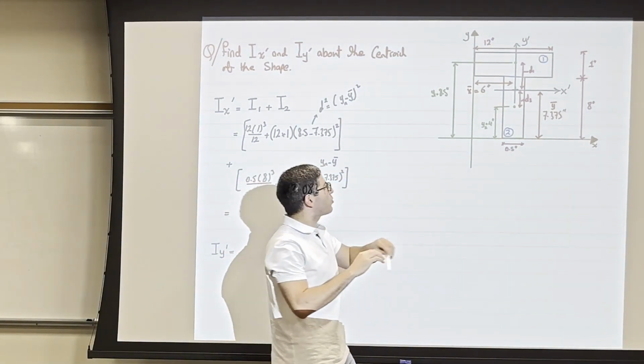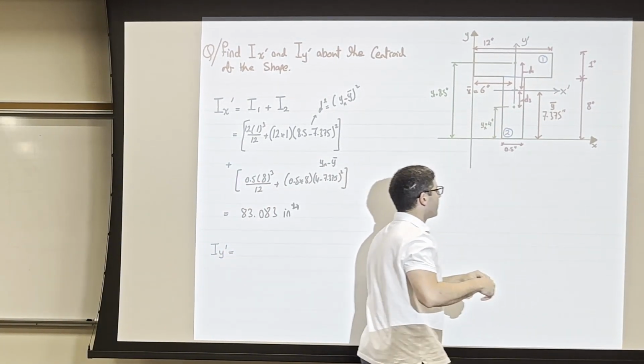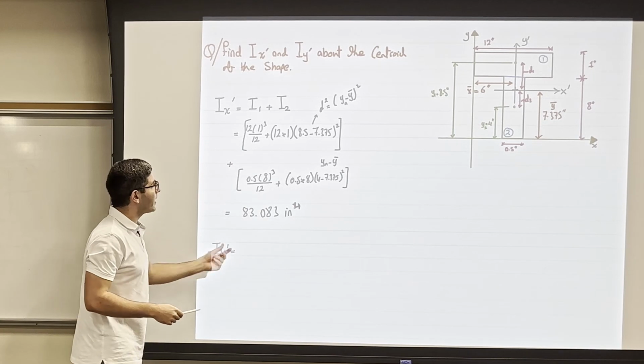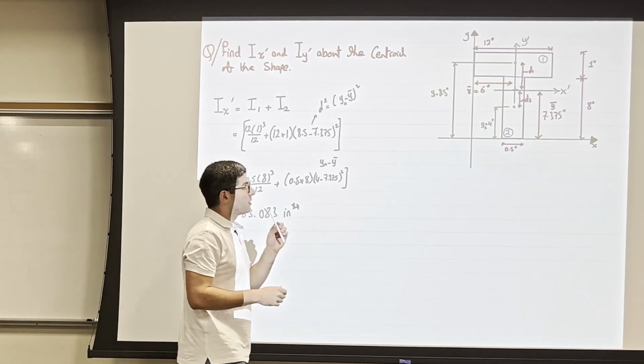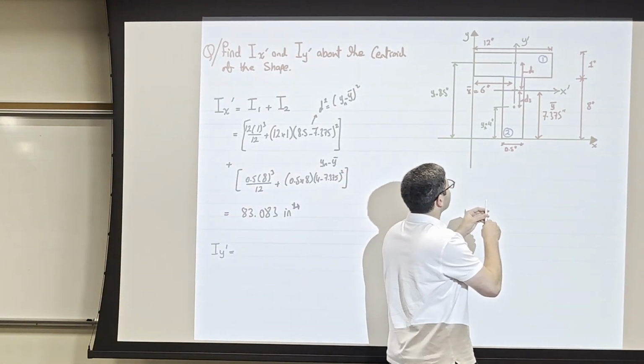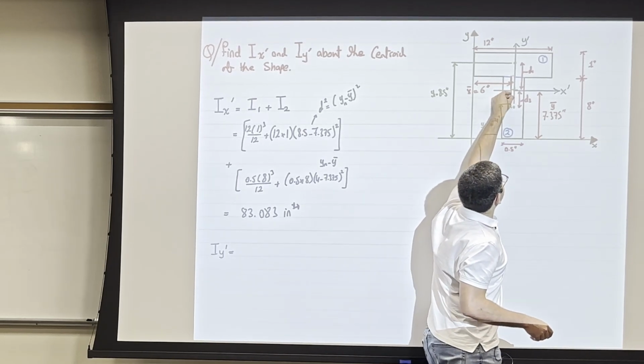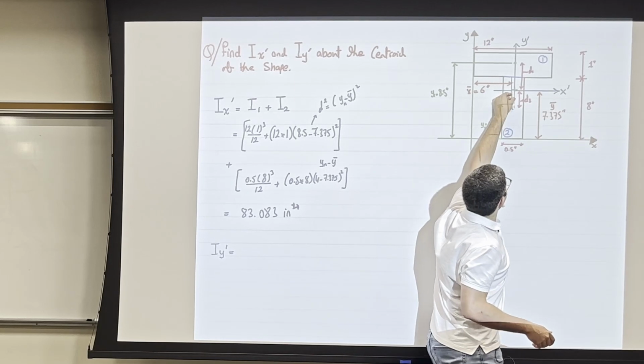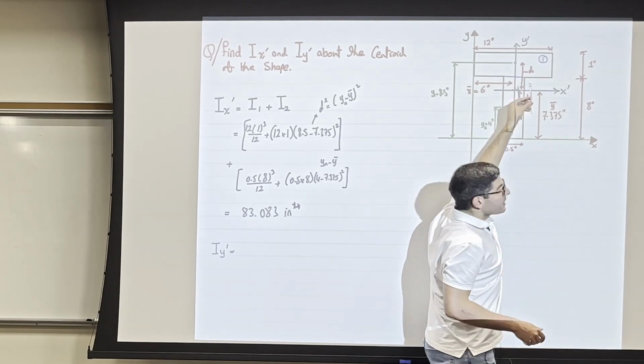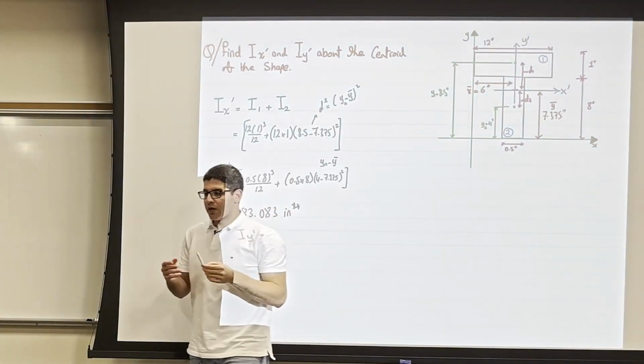If no, that's when there is a distance between them. For y dash here, does the centroidal axis, y dash, align with area 1 and area 2? The answer is yes.